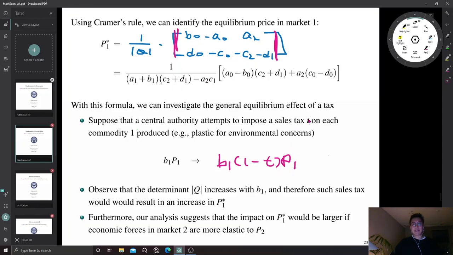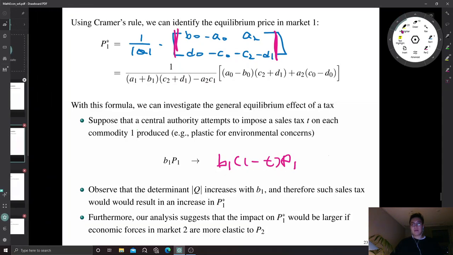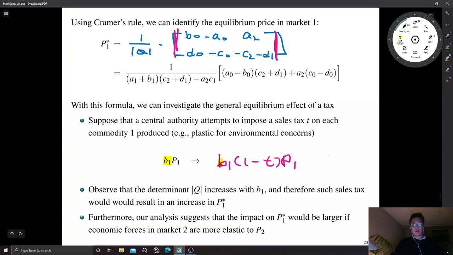So imposing tax T on producers is equivalent to reducing the size of B1 from B1 to B1 times (1 minus T). So B1 will shrink to this value.